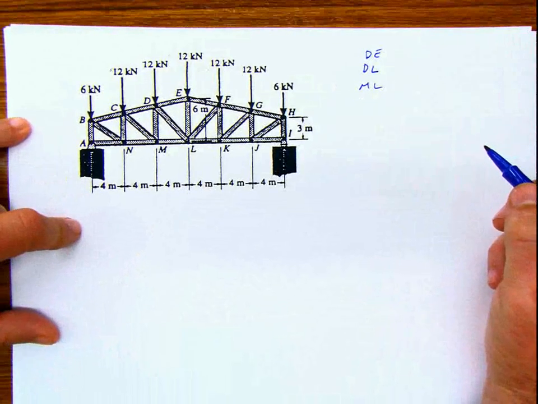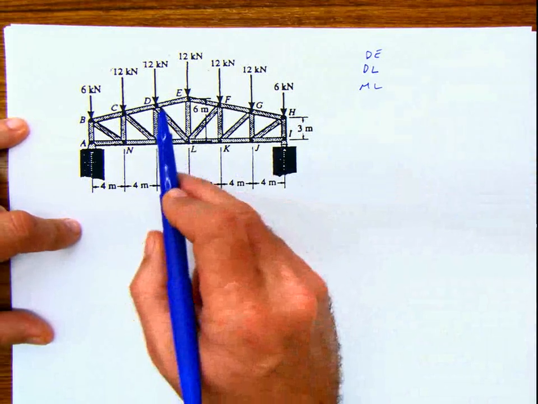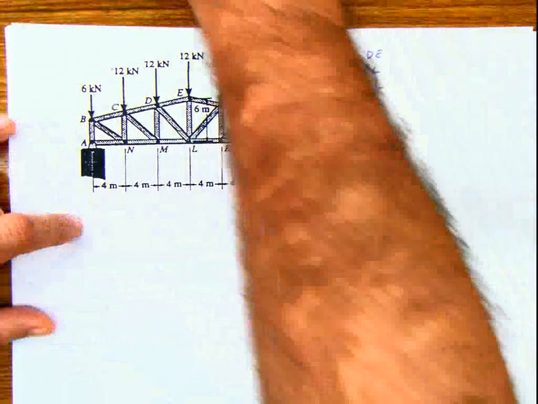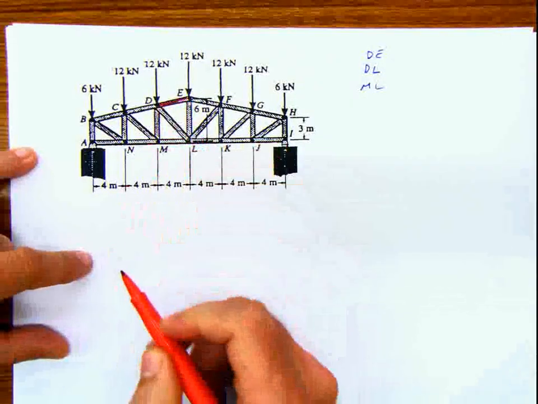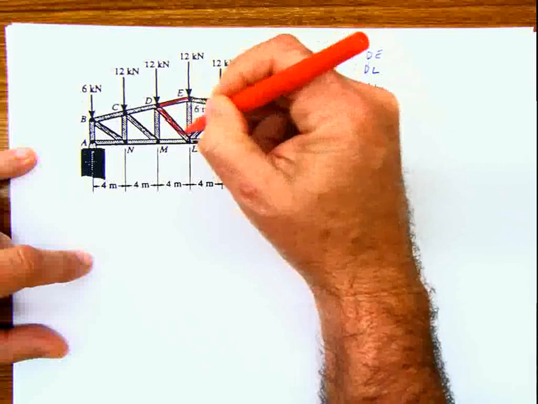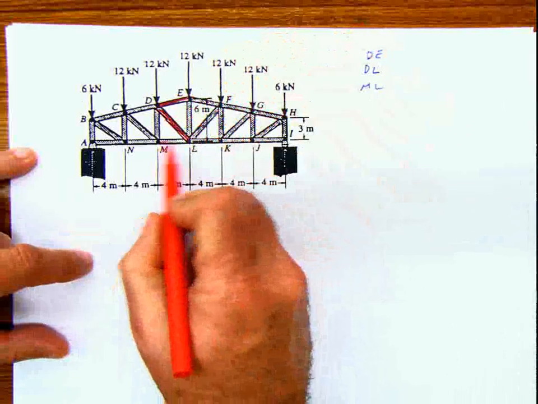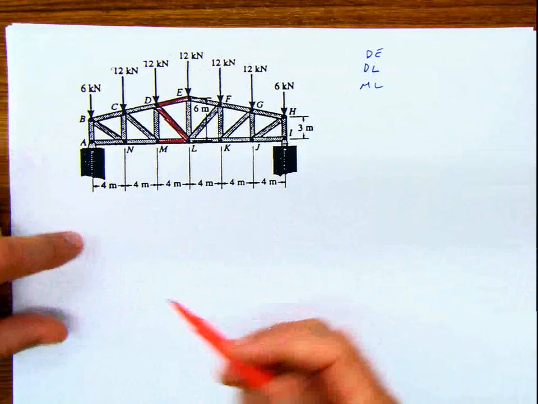If I have to calculate just these 3 bars, DE is this one, DL is this one, and ML is this one. That basically defines my section.